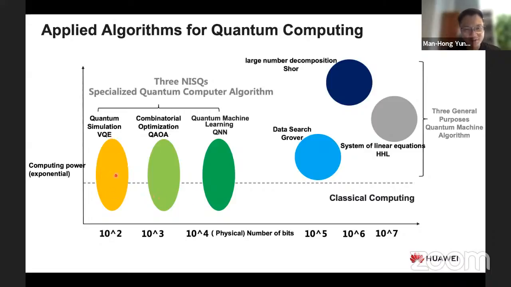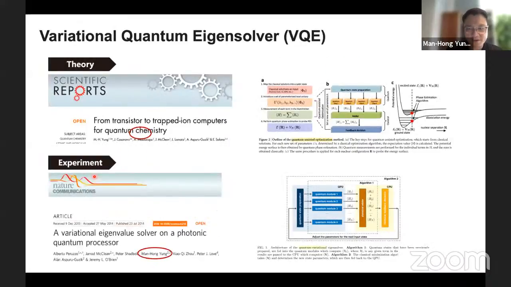In quantum computing, we really need to find cases that are beyond this line, more powerful than a classical computer, and also useful.